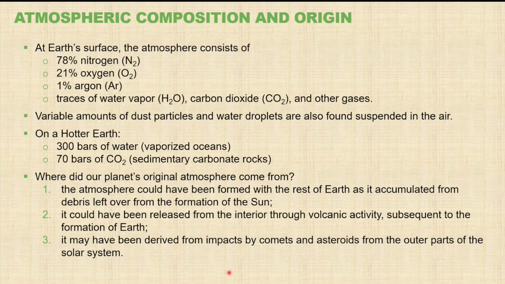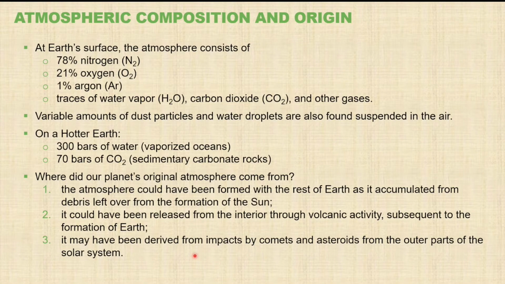And the other one is, when Earth formed, there was no atmosphere, but the volcanic activities on the Earth released these gases from underneath, and they got trapped within the gravity field of the Earth. That's the second theory of the origin of the atmosphere.